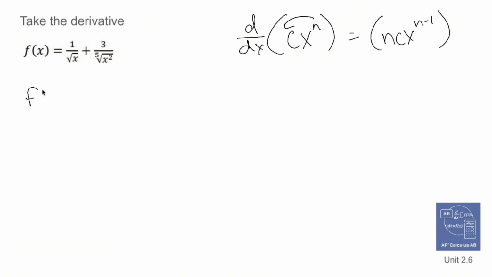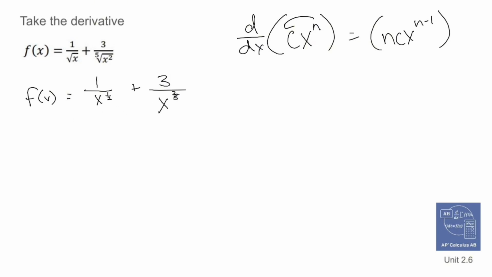So let's change f of x using two steps. Let's turn this into 1 over x to the 1/2. So now that I have the exponent, okay, that's good. And let's turn this into 3 over x to the 2/5. Okay, now I still can't apply this rule because this rule only works if things are in the numerator.